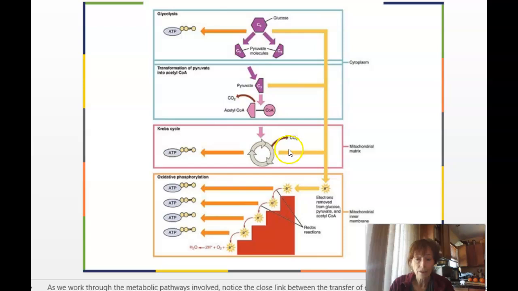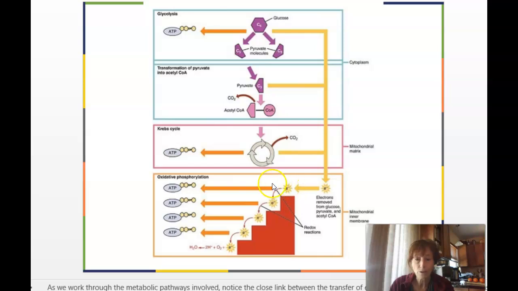And then now we're at that point where those carrier molecules, NADH and FADH2, the ones that have already picked up hydrogens and electrons, are going to now move into this very final set of stages, which we call oxidative phosphorylation.